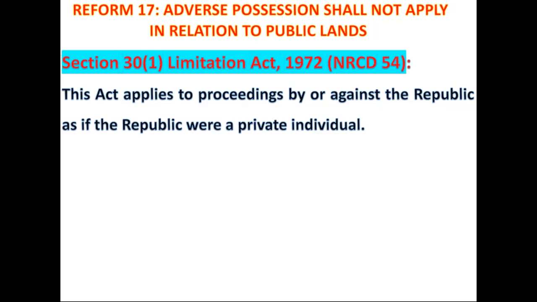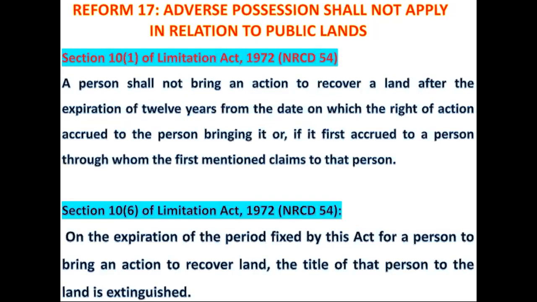What does that mean? It means that if you look at section 10 of the Limitation Act, it says that if you have land and you don't bring an action within 12 years, when any person has been in adverse possession of the land, then your rights over the land will be extinguished.